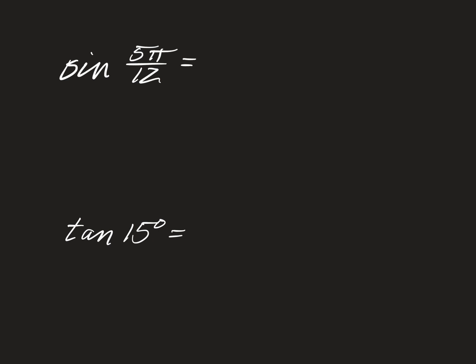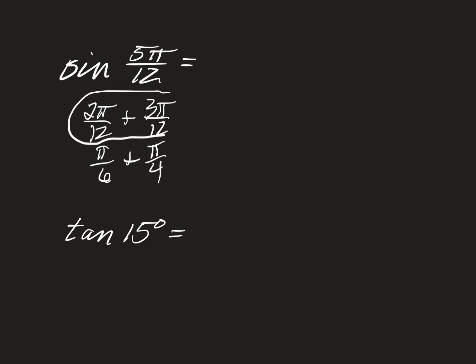If you think about it, it's like 2 pi over 12 plus 3 pi over 12. Oh, wait a second, that's pi over 6 plus pi over 4. So what you're looking for are combinations, either by addition or subtraction, of special angles. So this can be rewritten as the sine of pi over 6 plus pi over 4.